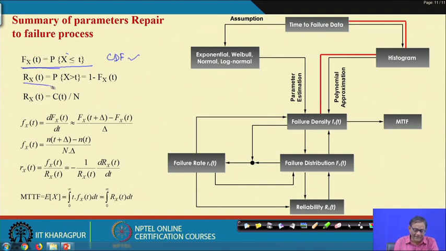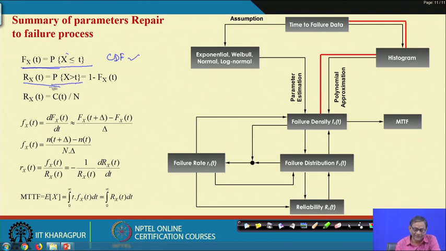Then you have understood R_X, which is the reliability of the component, unit or system. Reliability means the probability that the unit will operate for the intended period of time under the given environmental conditions for which it is intended to work. That is the probability that the random variable X, which is basically the time to failure, exceeds the given time t.